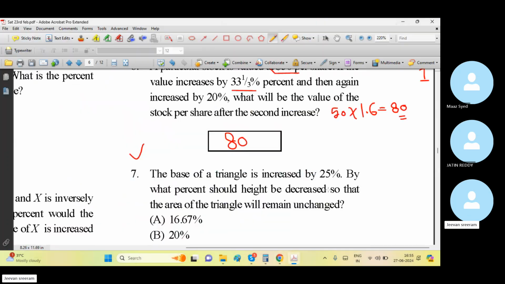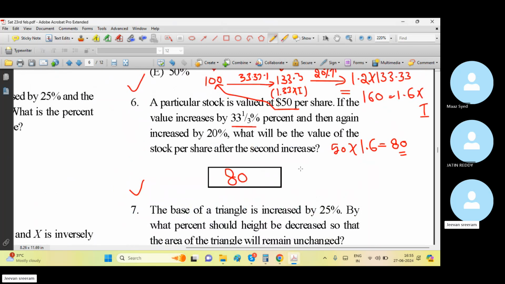So the formula is x plus y plus xy by 100, if x and y are successive percentage increases on a quantity. Is it clear?